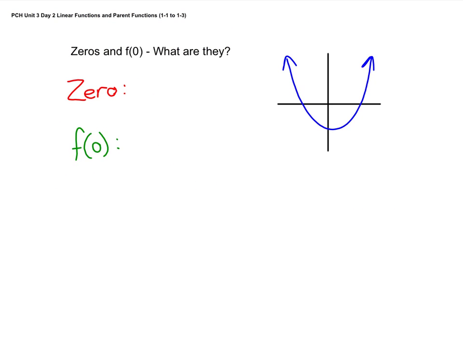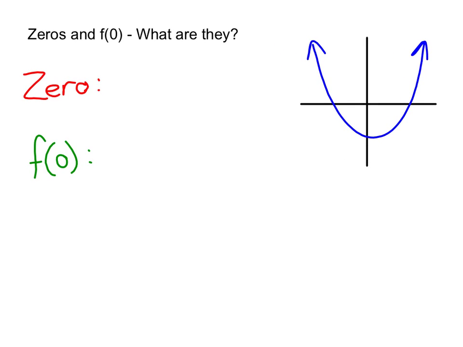Now, here's two terms I want to make sure that we understand. A 0 and f of 0. What's the difference here? Is that an O or a 0? Like f of O or f of 0? It's f of 0.